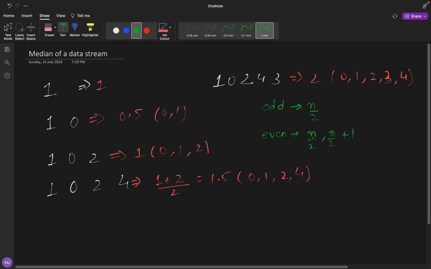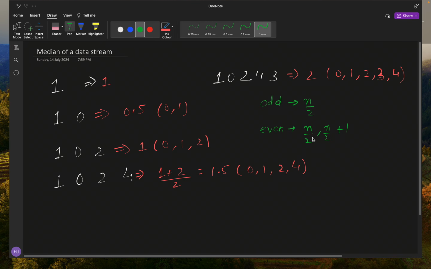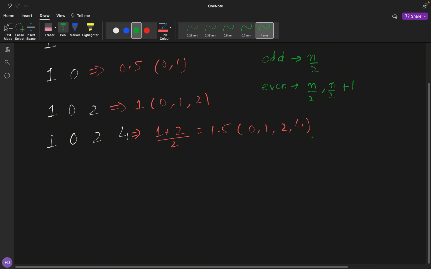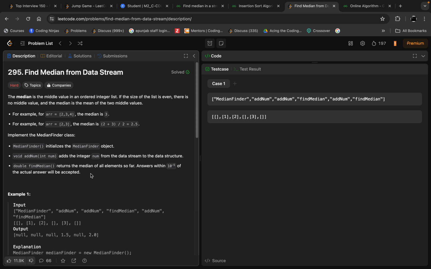Since we are given that we have to add some number and then compute its median, let's think of storing this stream in an array. Now let's go through the question. What is median? It's the middle value in an ordered integer list.